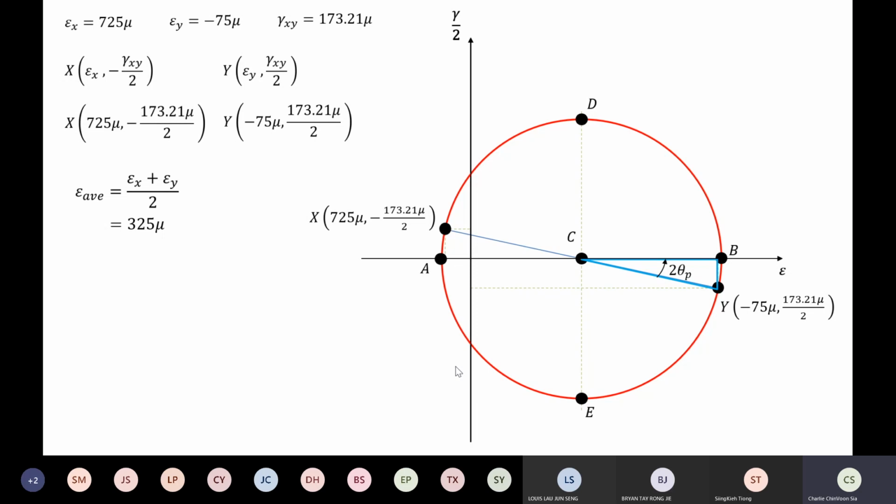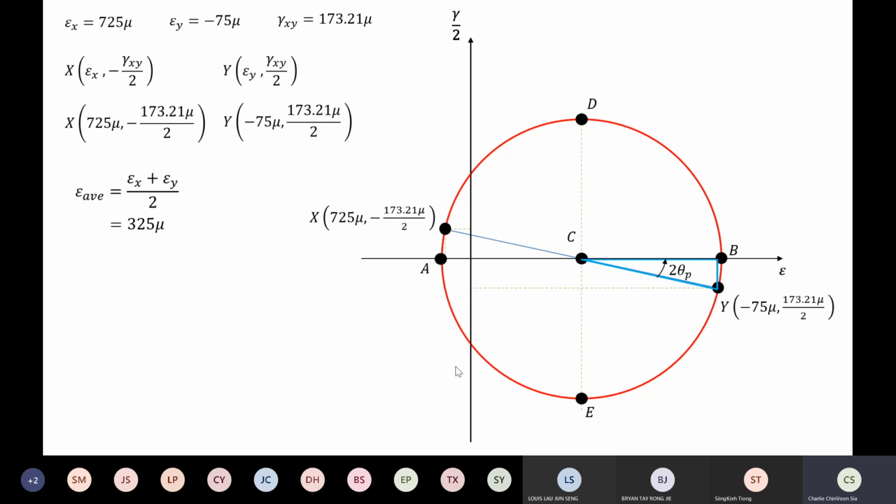From this triangle, we also can calculate the R value. From here to this point, the x, minus the stress average, we will get the length for CB, plus the height, square, square root.